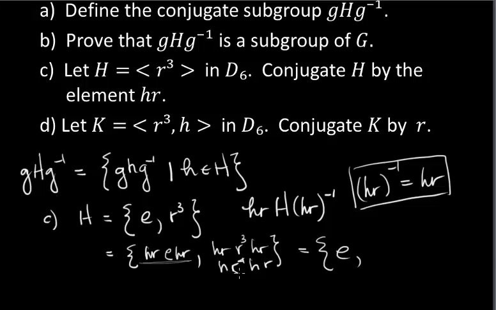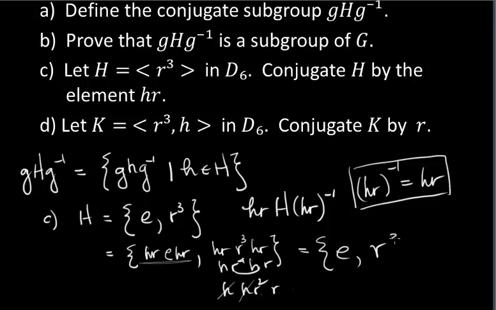I'm going to take these two and use our calculation in the dihedral group D6. This will be H, and then R to the fourth H is HR squared times R, and so HH is the identity, and this is R cubed.